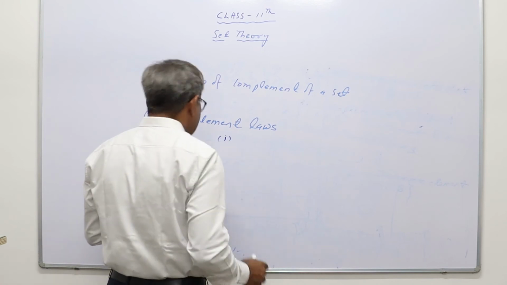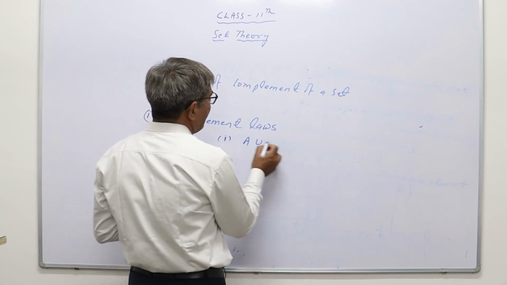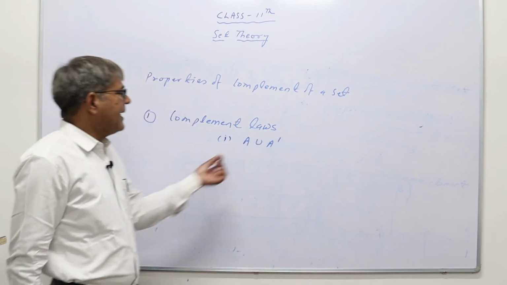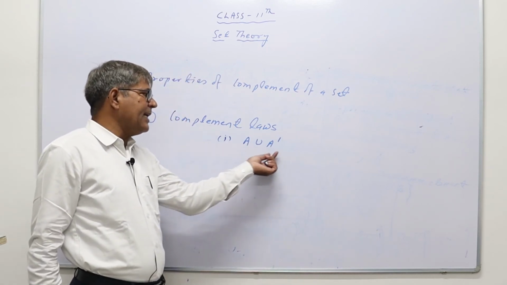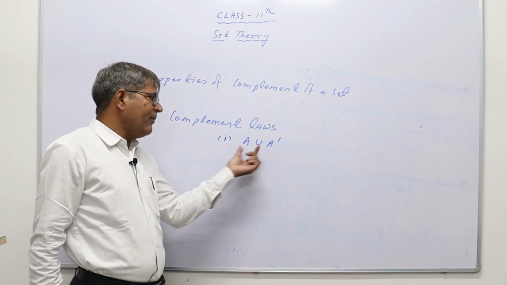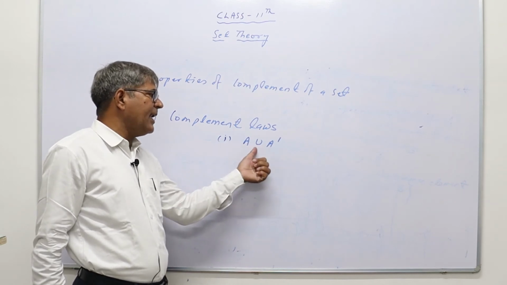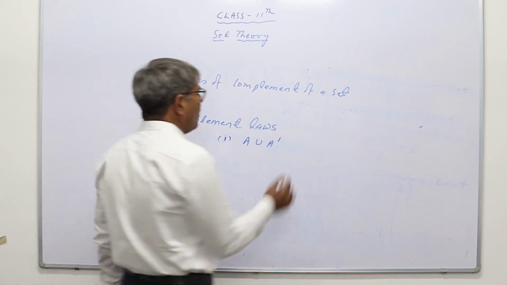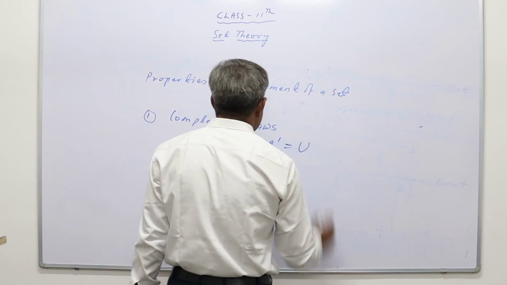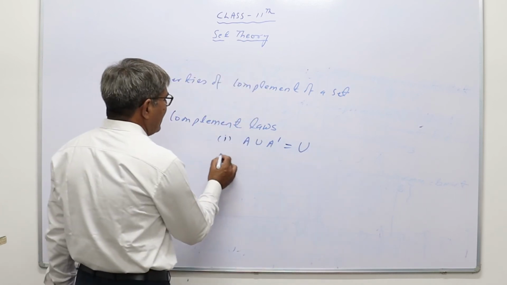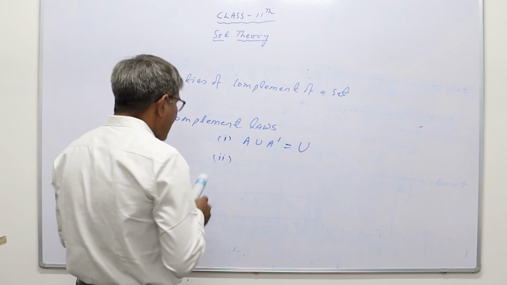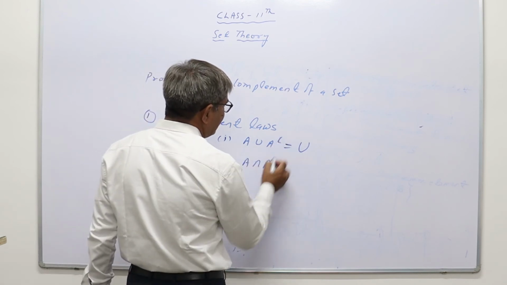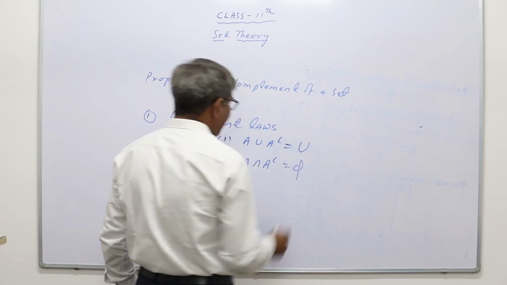First one, that is A union A complement. For the given set A and its complement, if we have to find A union A complement, then it will always equal the universal set. And the second one is A intersection A complement is always phi.